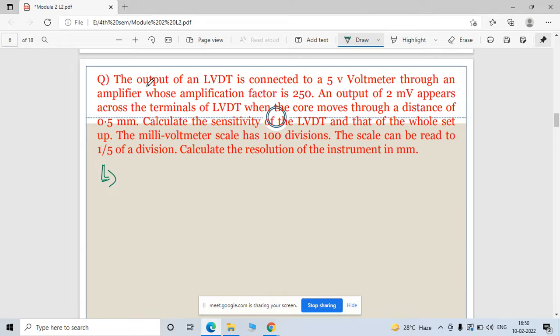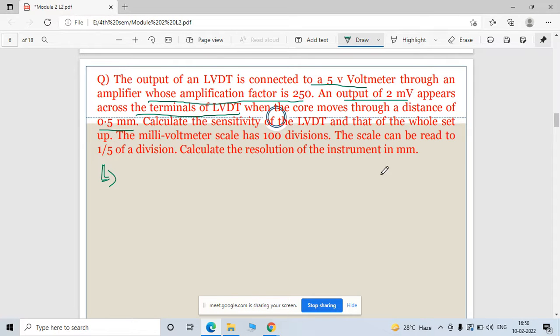Try to solve it. The output of an LVDT is connected to a 5 volt voltmeter through an amplifier whose amplification factor is 250. An output of 2 millivolt appears across the terminals of the LVDT when the core moves through a distance of 0.5 mm.